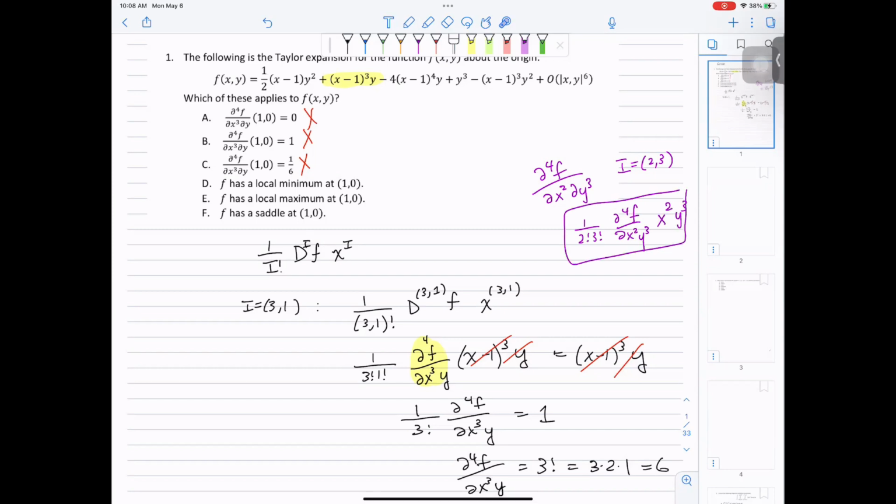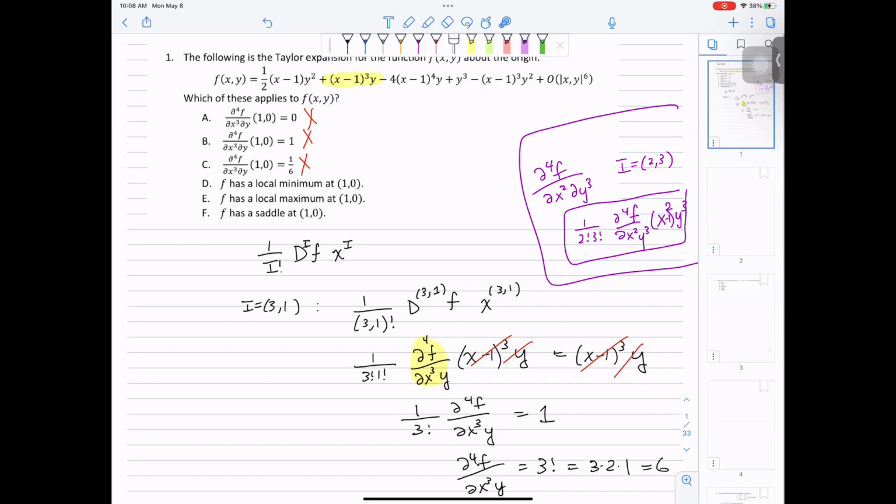So if I wanted to find this partial derivative, I would see, do I see an x minus 1 squared y cubed term, since in this case we're centered at 1? No, I do not. So I don't know what this partial is in this question. But hypothetically, that's how you would do it.